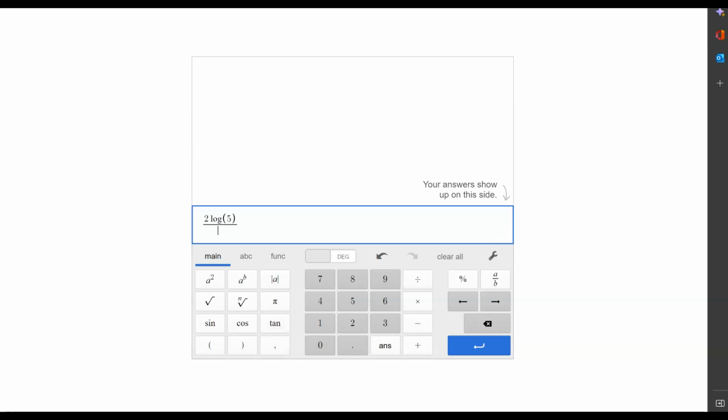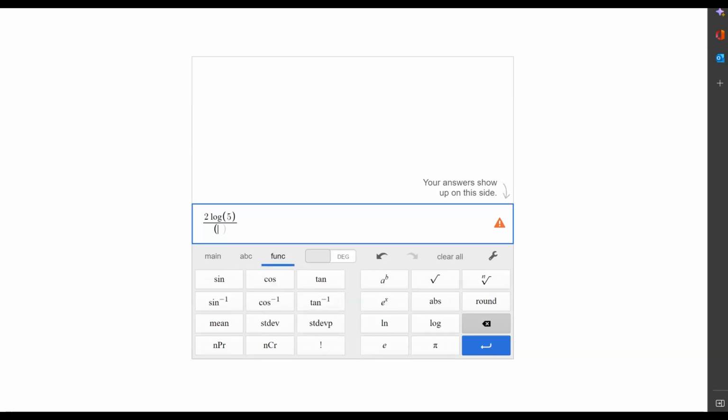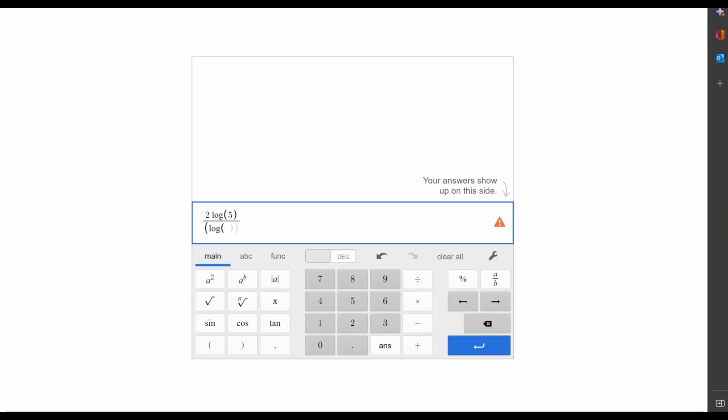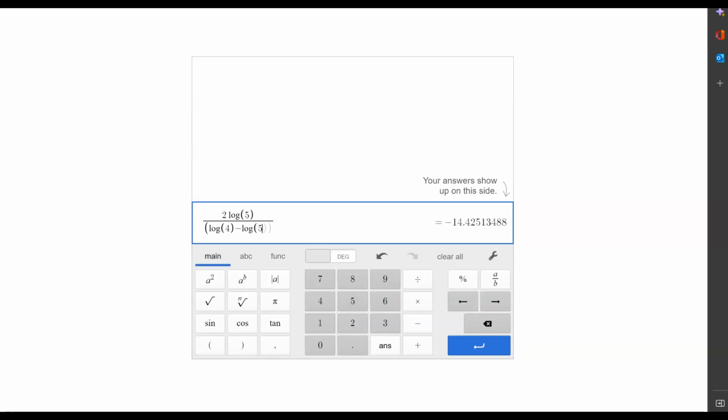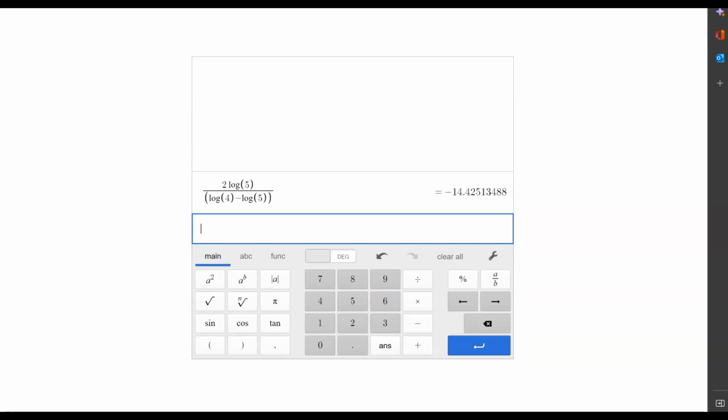Close that. We are going to divide that. And here we do need to put parentheses because it's an expression underneath. So that expression is going to be log of 4, close that parenthesis, minus, go back to function, log of 5, and close that and then hit enter, and notice that we get negative 14.4251.